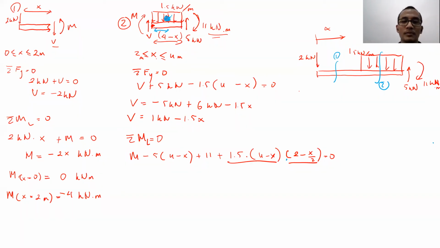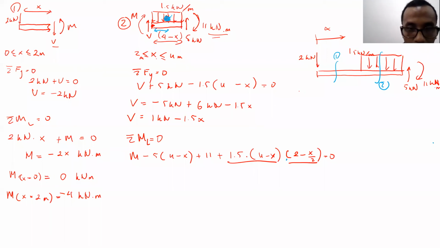Because the distributed force multiplied by 4 minus x, the location is supposed to be at the centroid, right? Oh, yes, sir. Multiplied by the moment arm, and the moment arm is half of the 4 minus x, correct? Yes, sir. Okay.